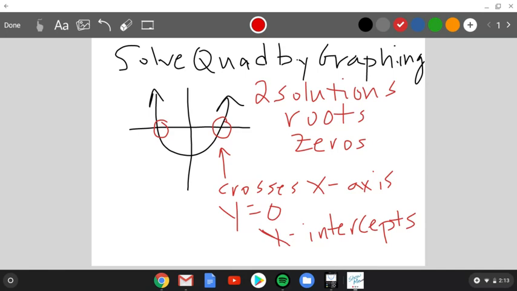So if your parabola looks like that, where it's crossing the x-axis twice, it has two solutions. Or it could be a frowny parabola, two solutions. So that's one possible situation.